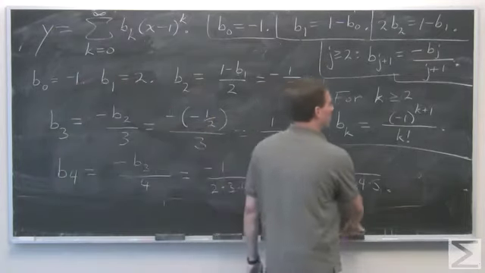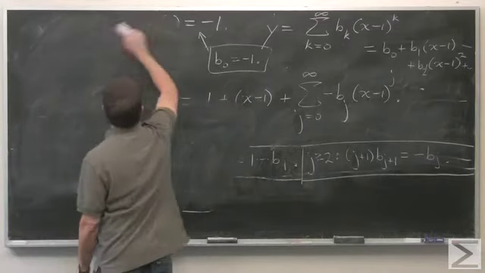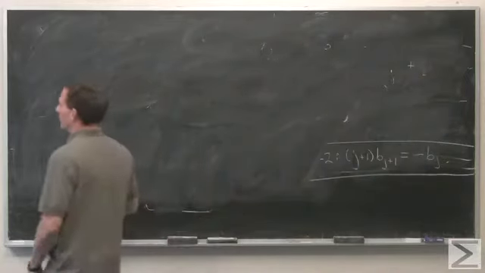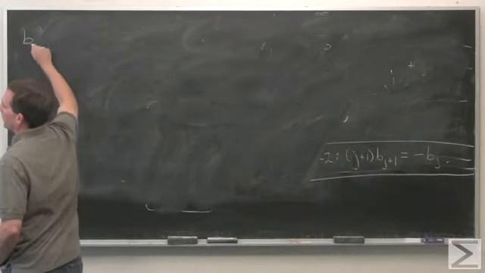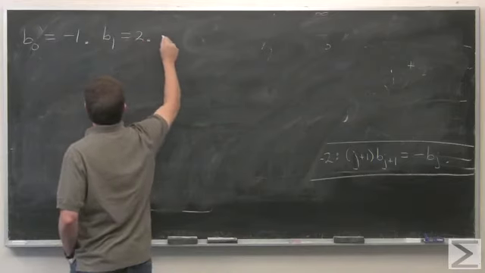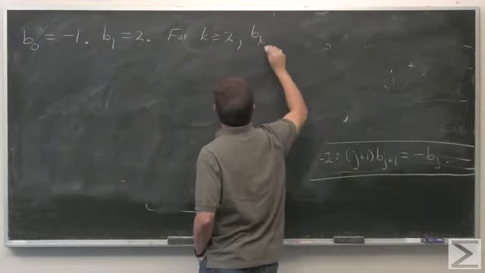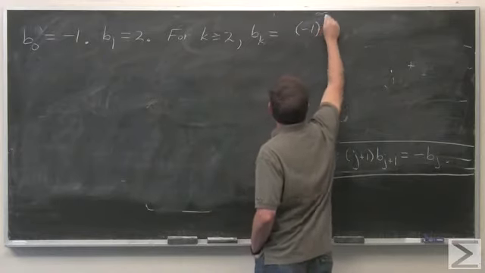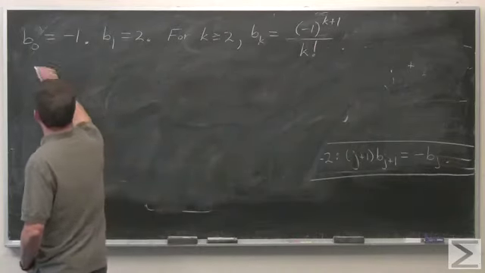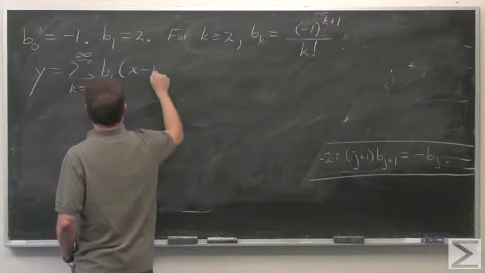So what we're getting for our power series solution is this: B0 is minus 1, B1 is 2, and for k greater than or equal to 2, bk equals minus 1 to the k plus 1 over k factorial. And our series looks like this.